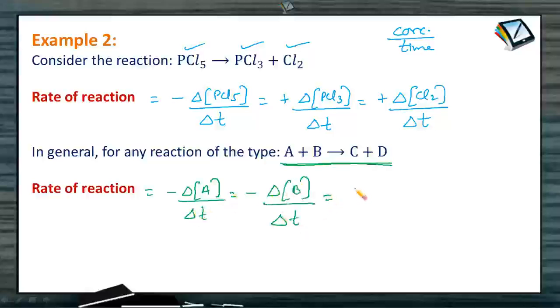It's compulsory to write the negative sign in front of the reactants, and it is not compulsory to write the positive sign. Whether we write the positive sign or not, it always indicates that concentration of product is increasing with the time. So delta C upon delta t is equal to delta D upon delta t. Is it clear? Yes.